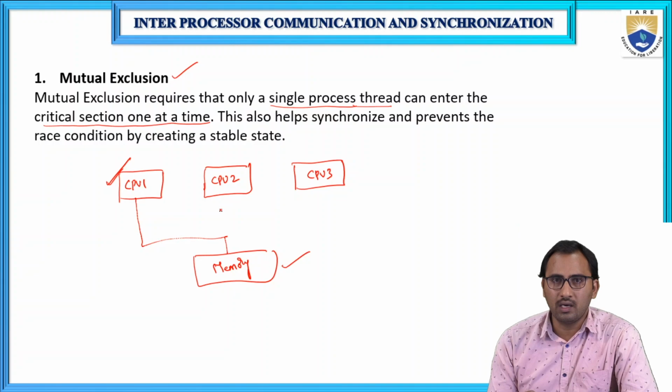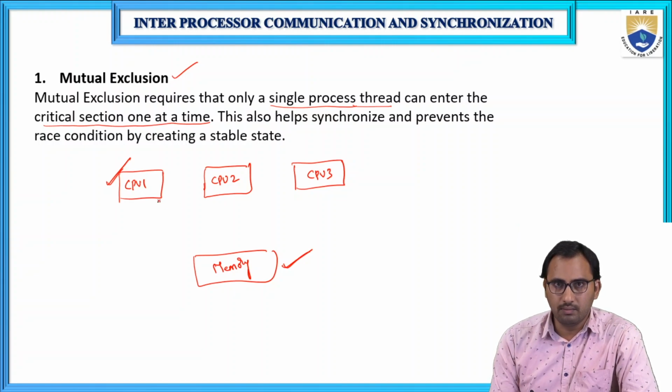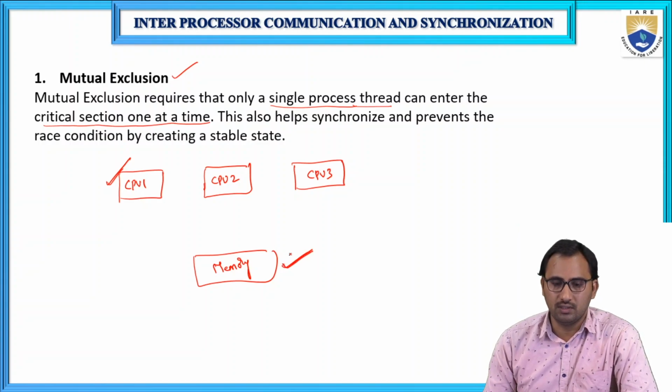That means only one CPU or one processor can access the resource at any point of time. So based on mutual exclusion, the resources will be accessed by multiple processors one at a time. That is called mutual exclusion.